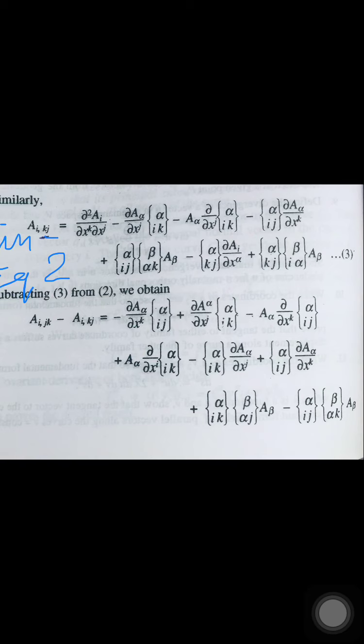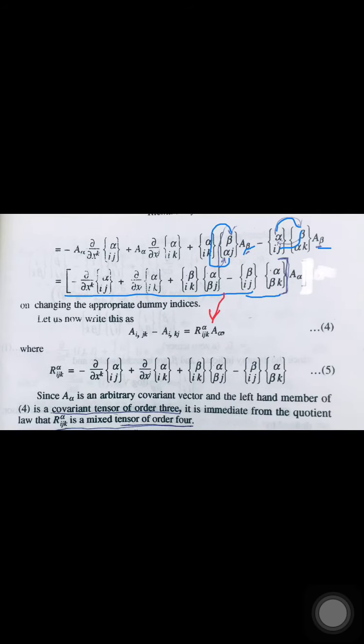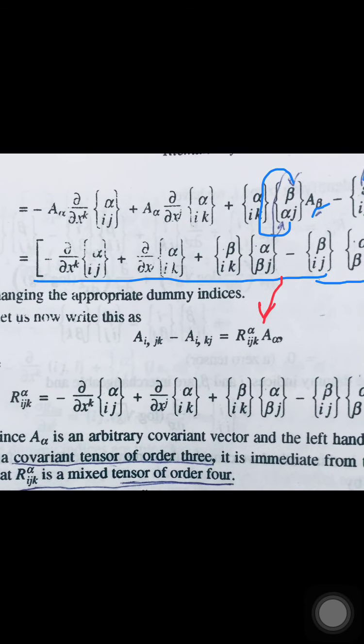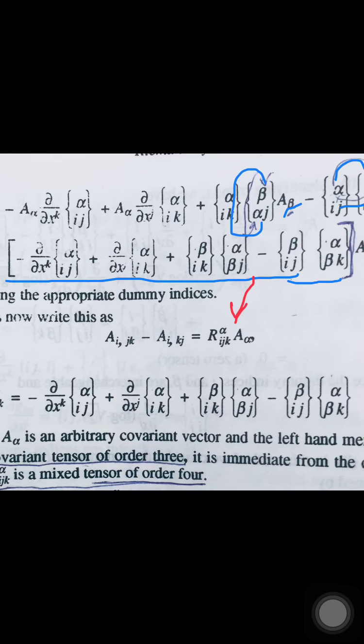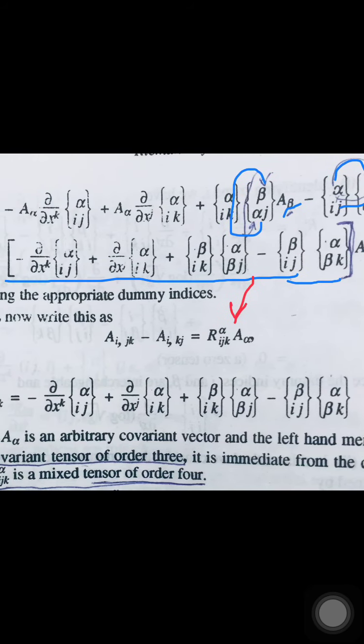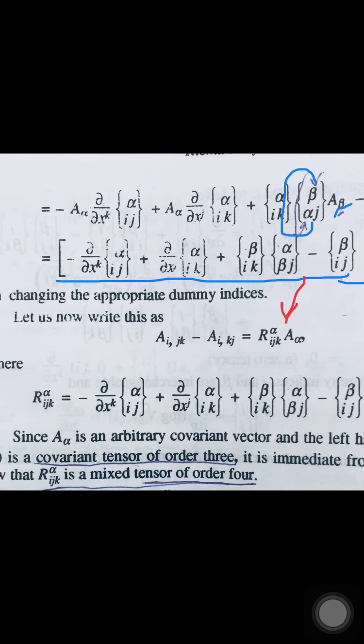Okay, the left hand side becomes the difference of two terms, A i comma jk minus A i comma kj. Okay, now what we are doing here, substituting the value of A here, we get sometimes A beta in the different terms, and the remaining are the same.